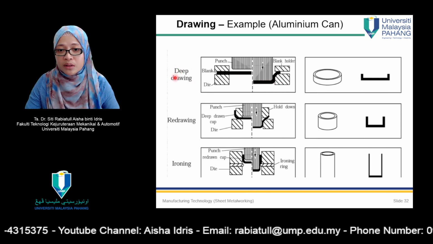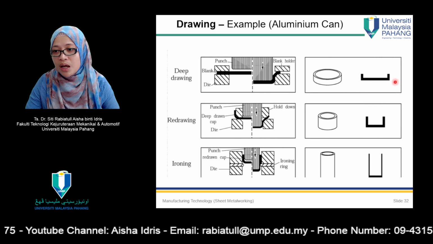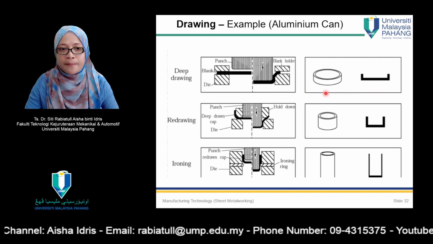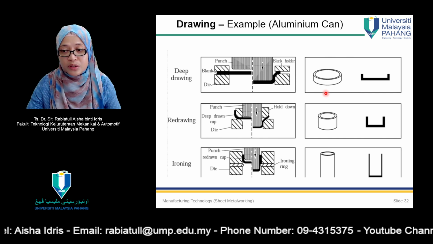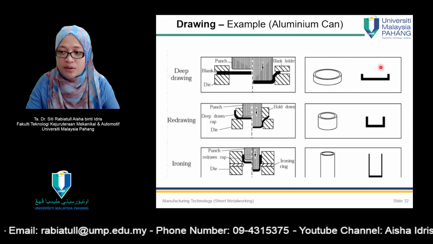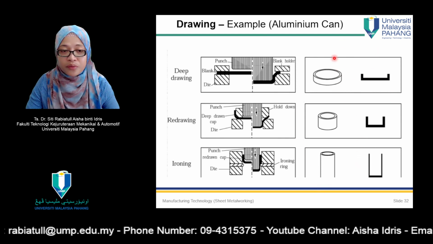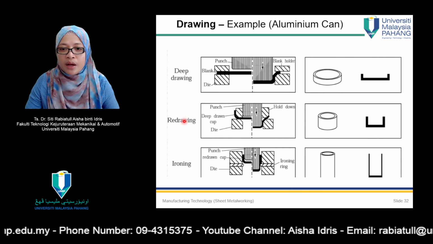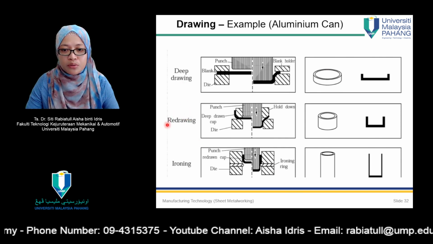So this is how it is seen as the first stage. Okay, this is how it can be seen. This side is the cross section, and this one is the 3D illustration. After deep drawing, it goes to redrawing.